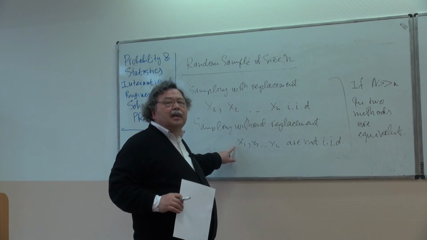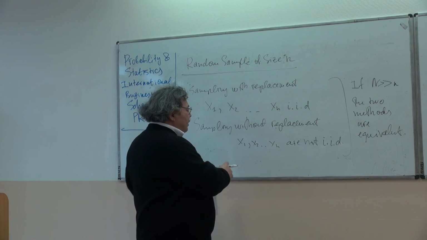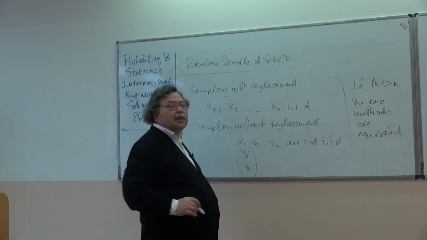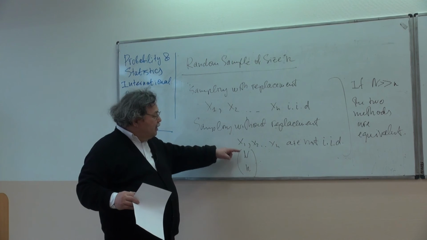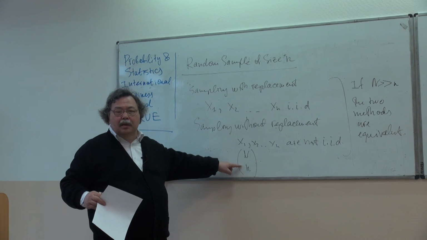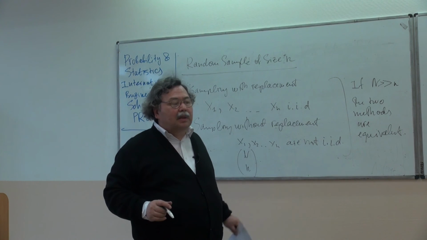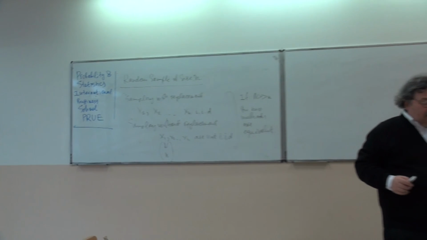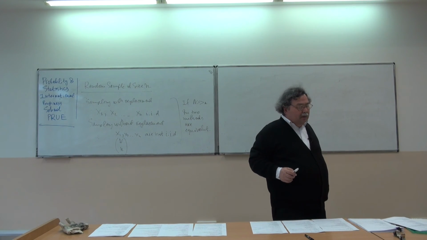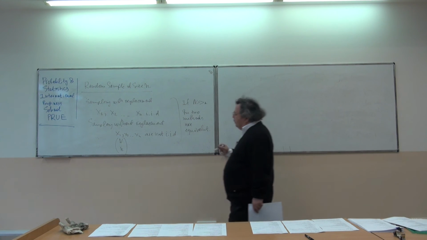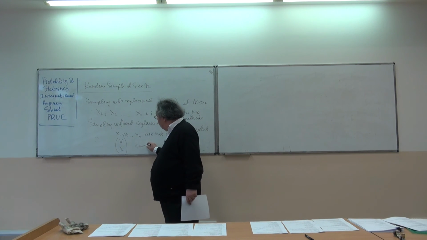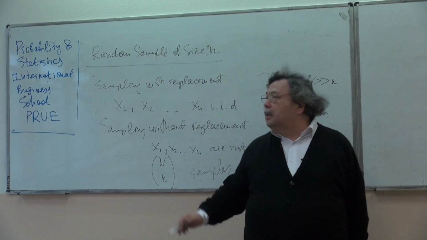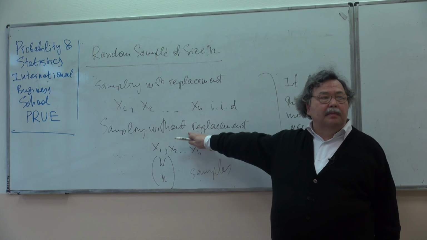How many different samples are there? Well, do you remember this notation? It's read N capital choose n lowercase. The number of combinations of N capital elements chosen, taken n lowercase at a time. So there are this many different samples that can be taken in this way.